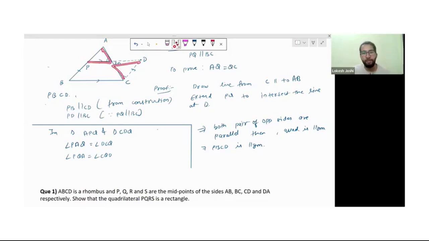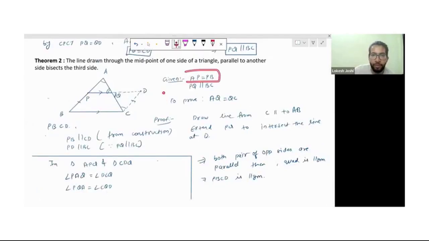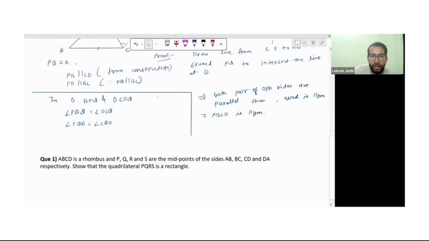Now look there, we have given AP is equal to PB. And according to properties of a parallelogram, we have CD is equal to PB. Now, if we equate these two things, we have AP is equal to PB is equal to CD, or we can write AP is equal to CD. So I am writing that thing there.